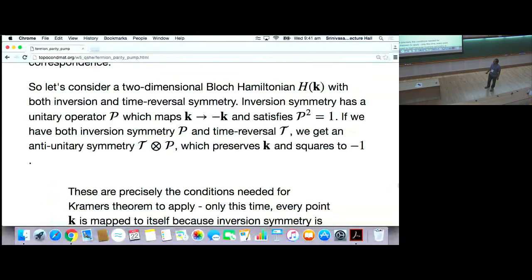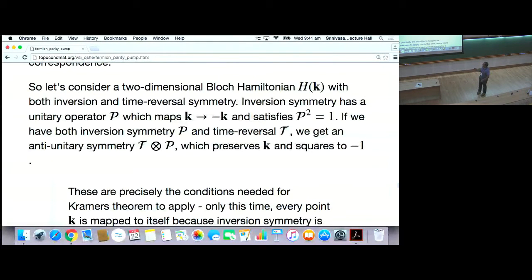Okay? So a question for you guys. If you have time reversal and inversion, what does it tell you about the spectrum of H of k, or the eigenvalues of H of k? Okay, I like your second answer. Each of them is doubly degenerate.